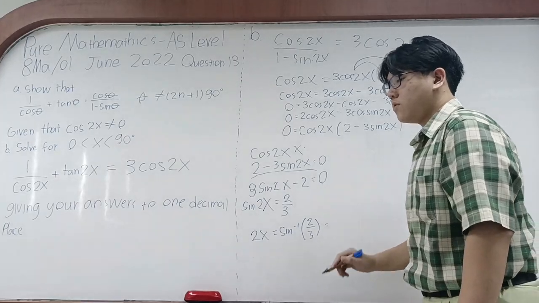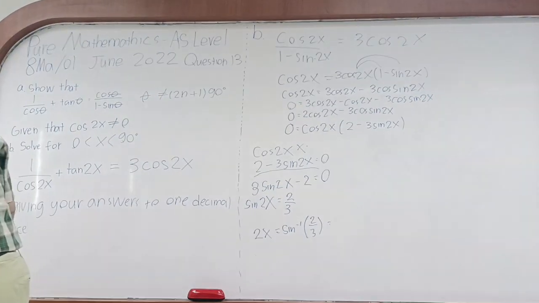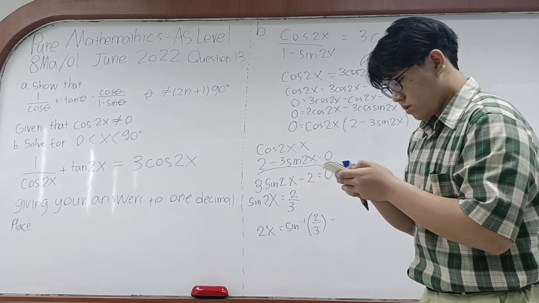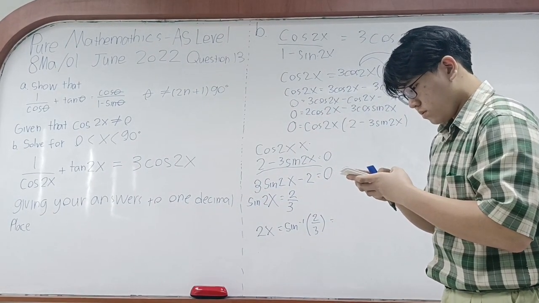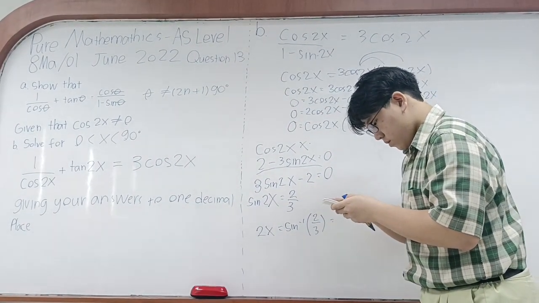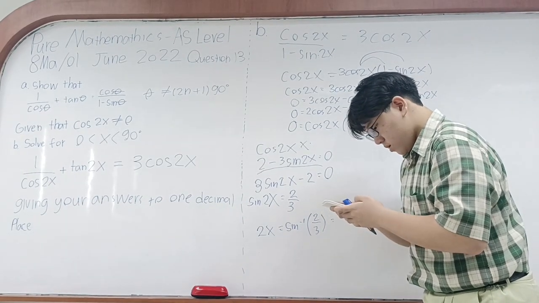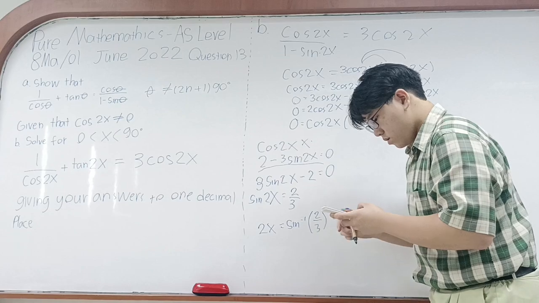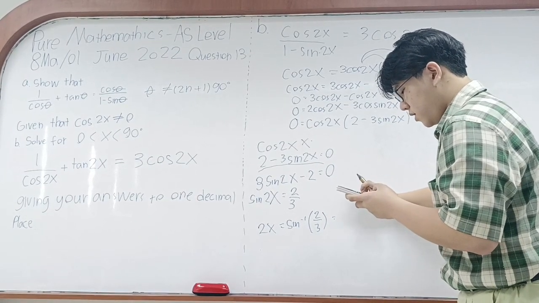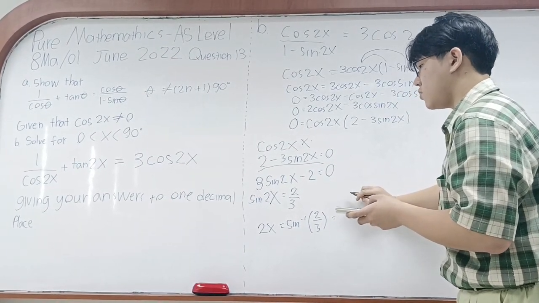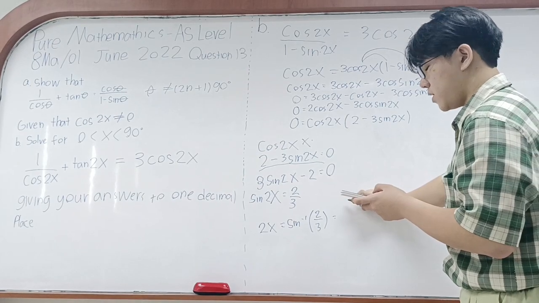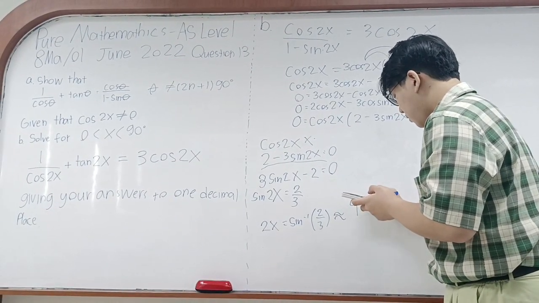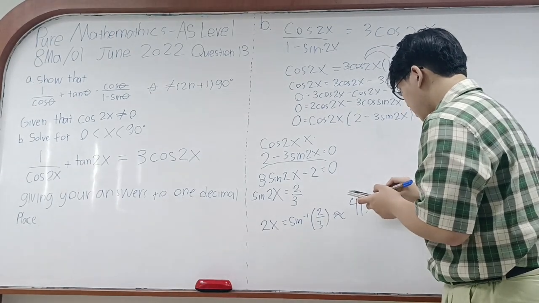Resulting in, once we calculate on the calculator, 41.81, etc. But we are asked to give the answers to one decimal place, meaning it's going to be 41.8 degrees.